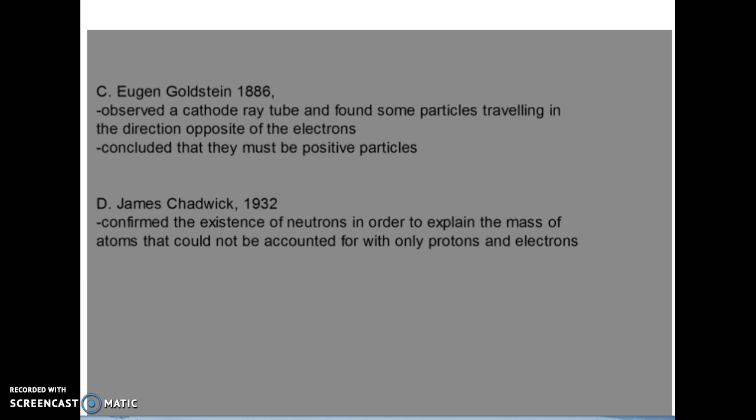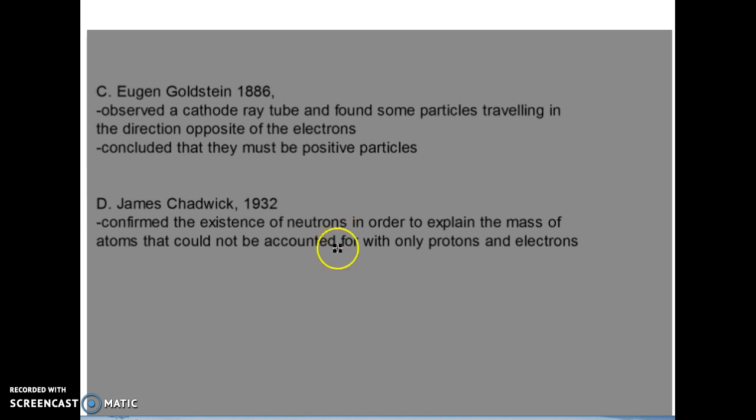And then right around that same time, or sometime after J.J. Thomson's discovery, Eugene Goldstein observed that in that same cathode ray tube, he also found some particles that were traveling in the opposite direction. Now remember, electrons, those negatively charged particles, are going to be traveling toward the positive end, right? Because they're negatively charged, and we're running that current through.